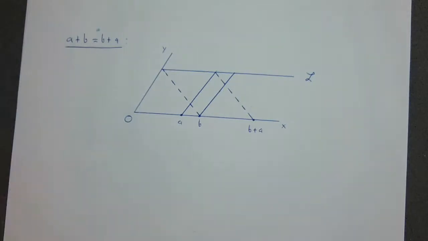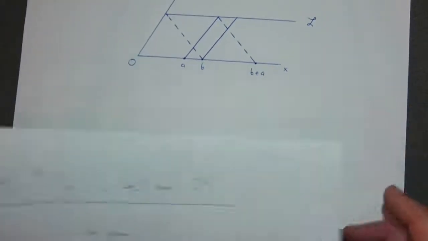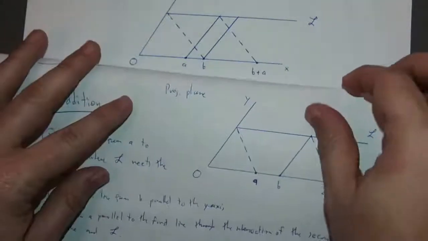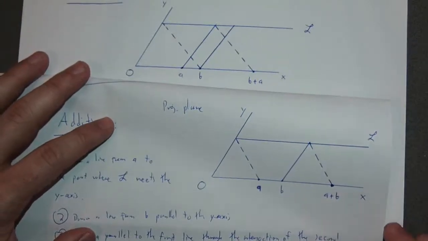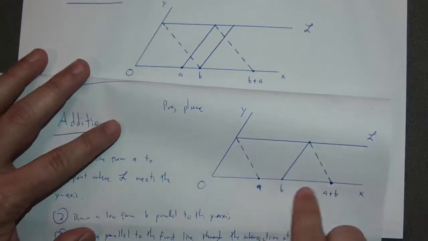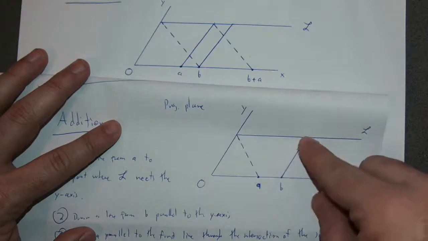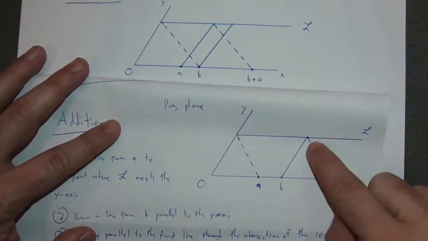So let's recall how we did our original construction of A plus B. Here's our construction of A plus B. To construct that, we had our parallel line from B that's parallel to the y-axis, intersects the parallel line to the x-axis, L, at this point.